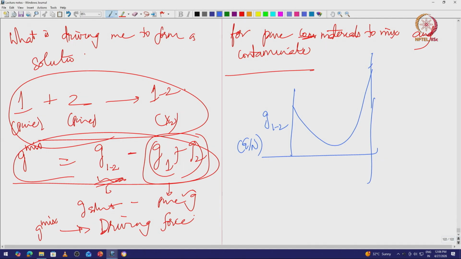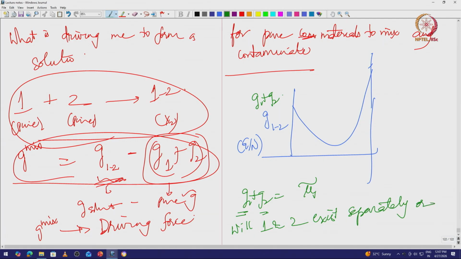Now, I am going to plot in green G1 plus G2 as I wrote here. G1 plus G2 is mu 1 tilde plus mu 2 tilde, because G1 is pure 1 and G2 is pure 2. How do I interpret this? When I put 1 and 2 as pure compounds, will they mix to form a solution, or will they exist separately?